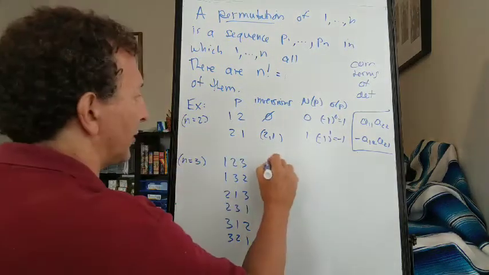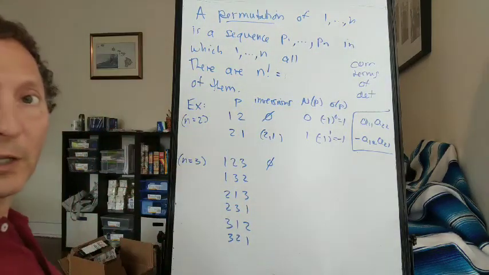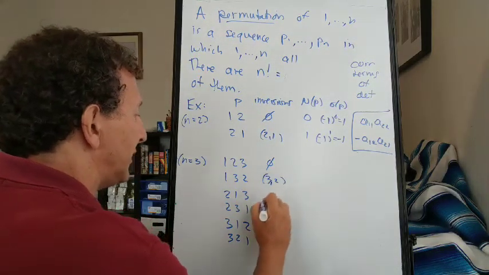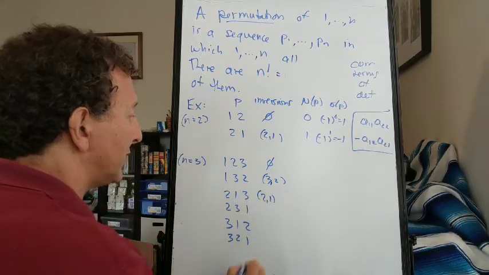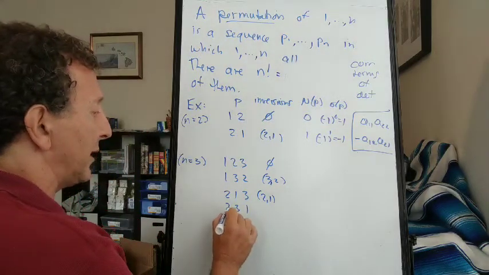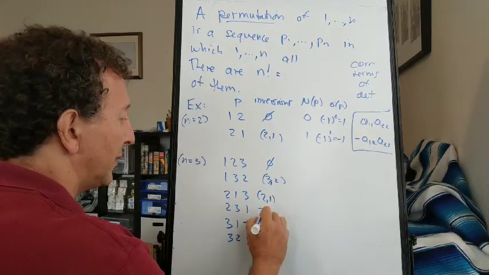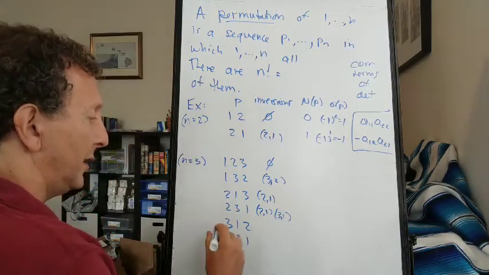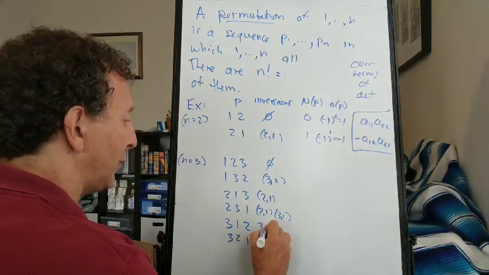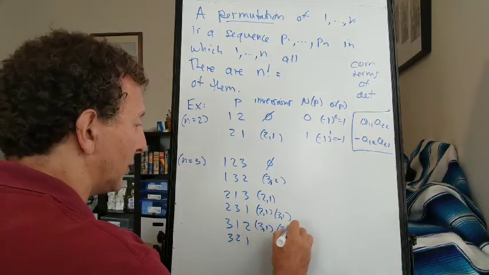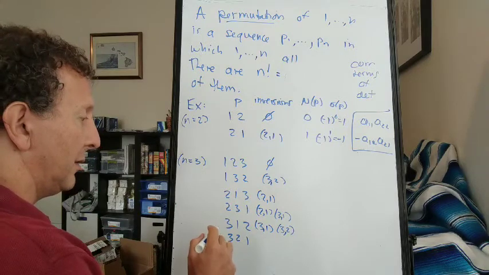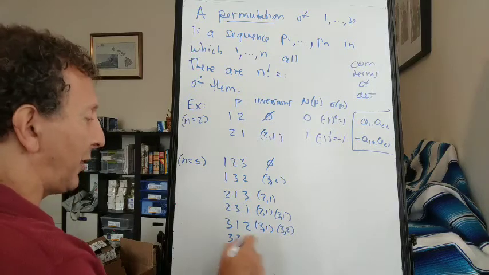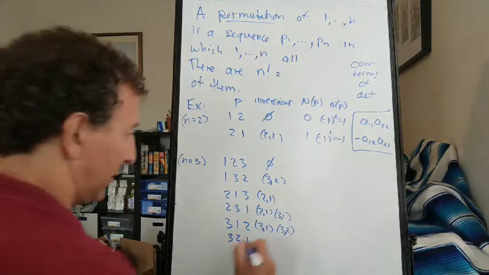There are no inversions here because those numbers are all in increasing order. 3, 2 is an inversion here. 2, 1 is an inversion there. Here we've got 2, 1 and 3, 1 because 2 comes before 1 and 3 comes before 1. Here we've got 3, 1 and 3, 2, because 3 comes before 1 and 3 comes before 2, and it's bigger than both. In 3, 2, 1, everything is out of order.